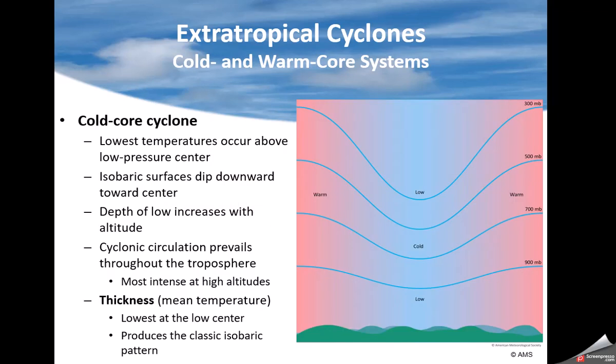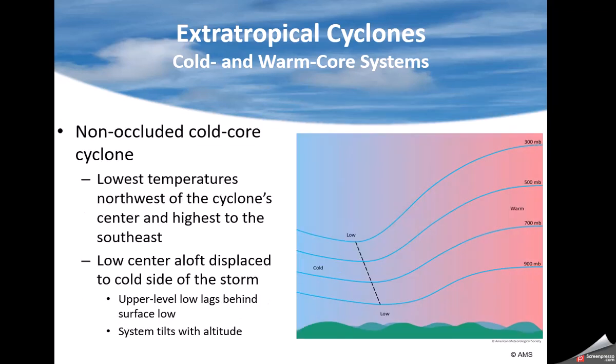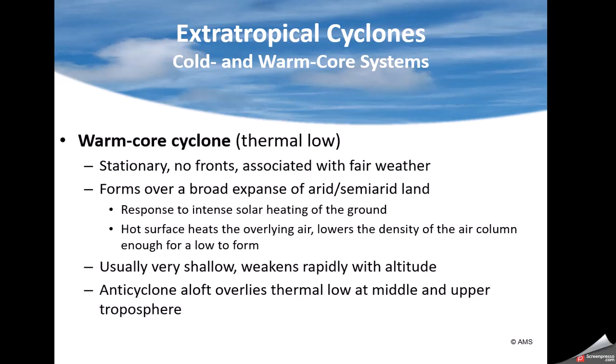Another thing about extratropical cyclones is they get colder aloft. They're very intense aloft, so that they actually become stronger and colder with height. Now, if you have a weaker one, they still do it, but they slope more. A warm core low is more of a thermal low, it's more stationary.